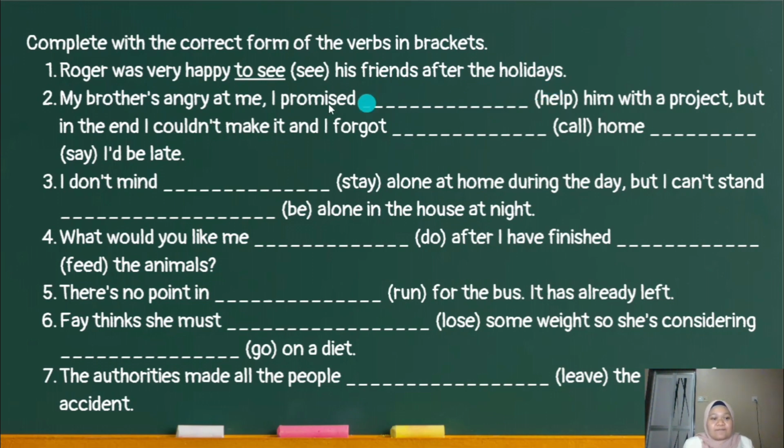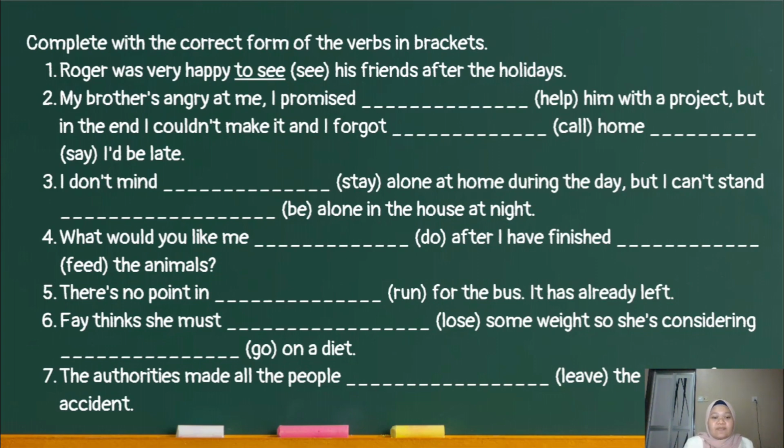That's correct. Number 2: my brother's angry at me. I promise, blank, help him with a project, but in the end I couldn't make it and I forgot, blank, call home, blank, say I would be late. In the second question, you need to put 3 answers.